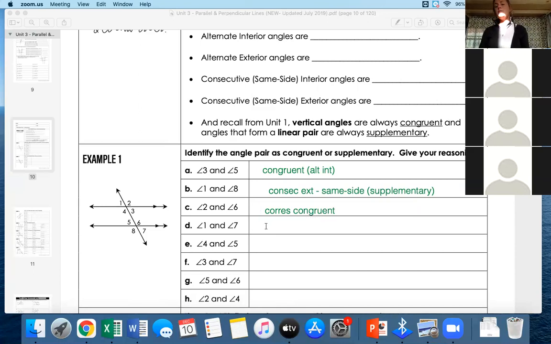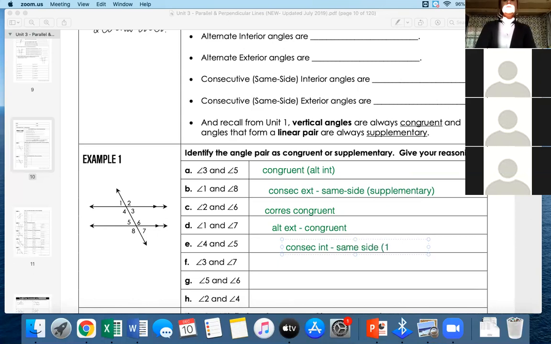So based on the vocabulary that describes the angles, you can determine how they're going to be set up. So 1 and 7, perfect, they're alternate exterior. And based on what we just said, they're congruent. 4 and 5, good job, guys. Those are consecutive interior, which means same side.